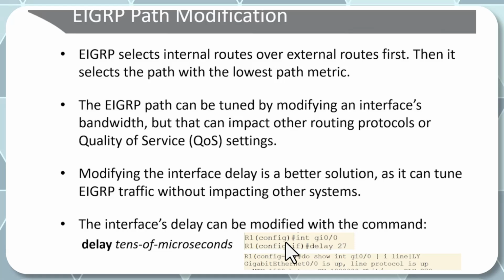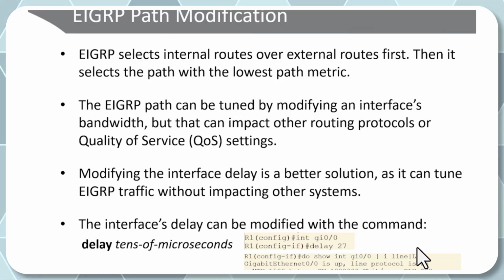For example, I have gone to an interface and given a delay. Now if I do show ip interface including delay, we want to see the delay here. As you can see, the delay is 270. We have given delay 27, and here it has become 270 because it multiplies by 10.